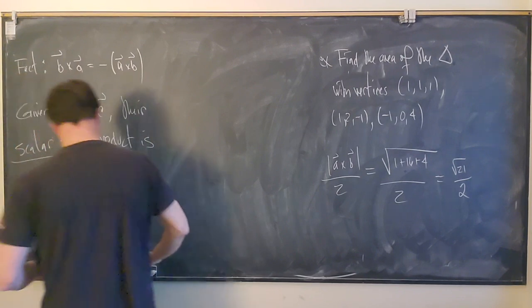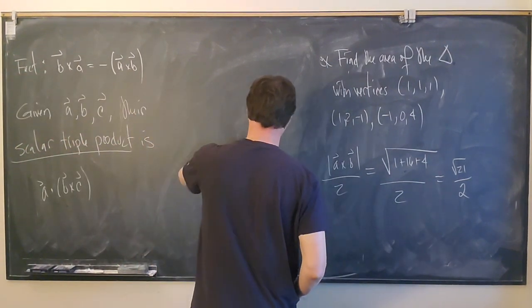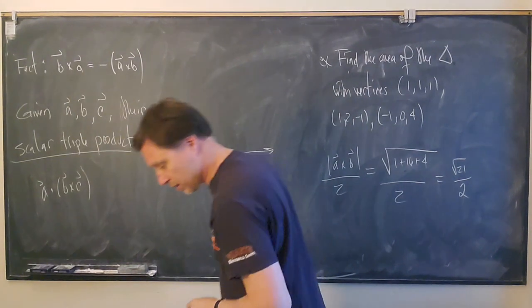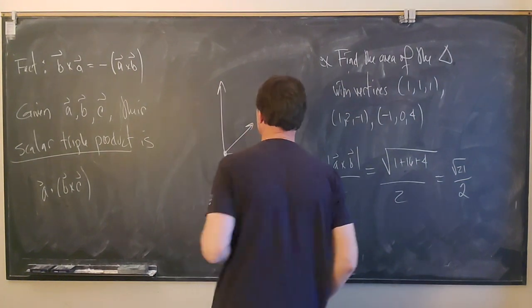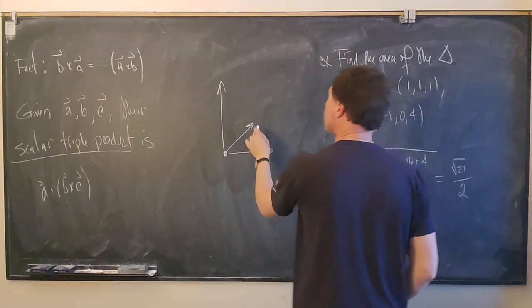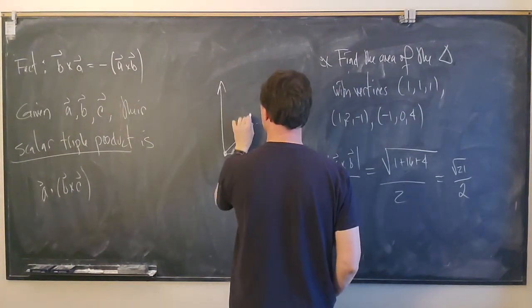And so here's how this goes. If you take A, B, and C and have them all emanating from the same point, let's see if I can draw this, what you get is a bunch of parallelograms.